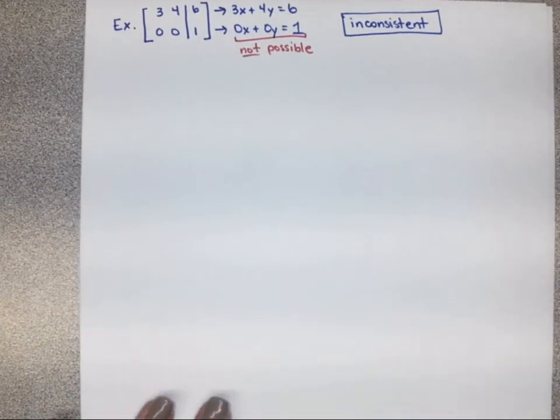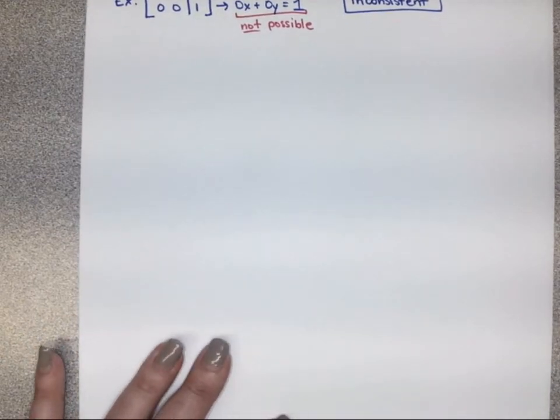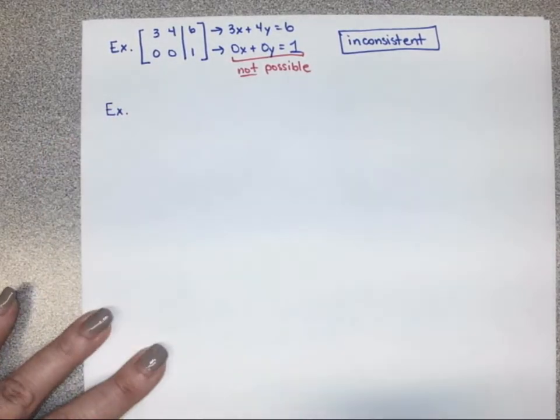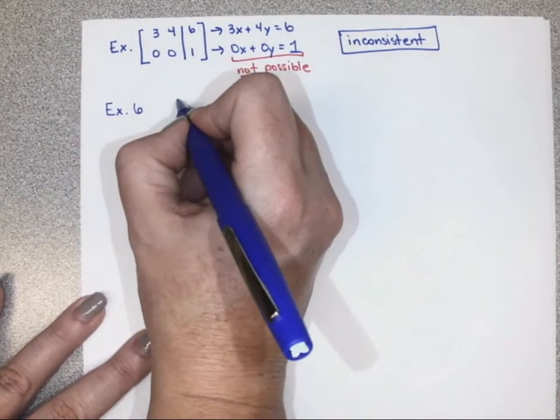So I want to give you one of these, and then we're going to take a look at 3 variable systems. We're not going to do one of each of these just for time reasons.